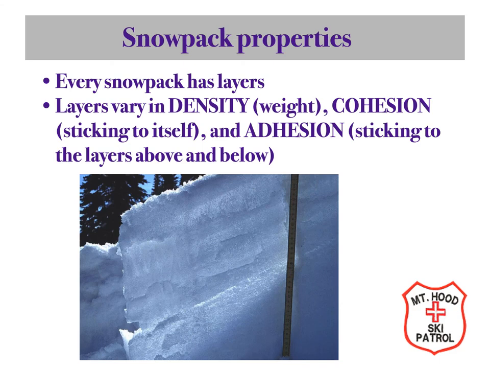Low adhesion means that a layer will slide more easily relative to adjacent layers. So when we look at the characteristics of the snowpack, we will look at the layers and try to assess the density, cohesion, and adhesion of each layer. A dense, highly cohesive layer that has poor adhesion to the layer below it is a formula for a slab avalanche.